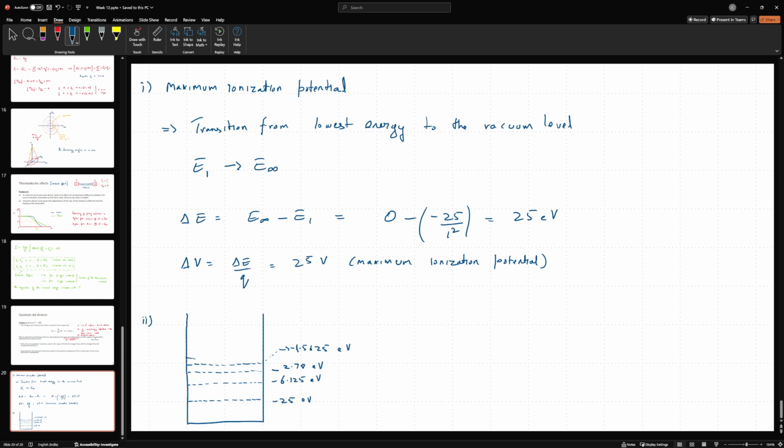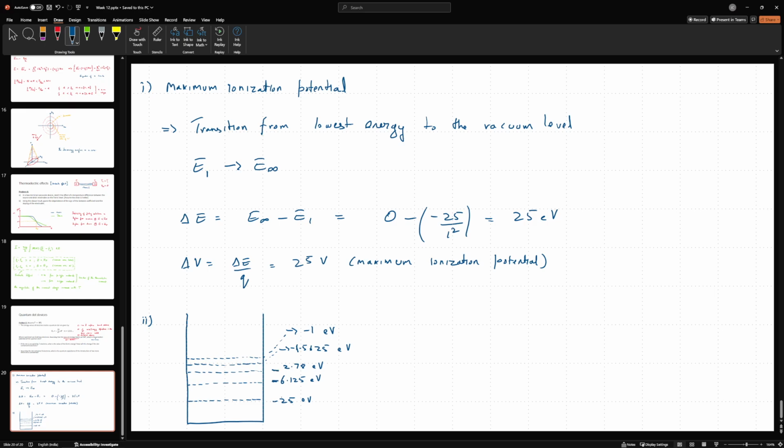So that is going to be further closer. And this is going to be minus 1 electron volts. Okay. So this is the ordering of the energy levels, from minus 25 through minus 1.